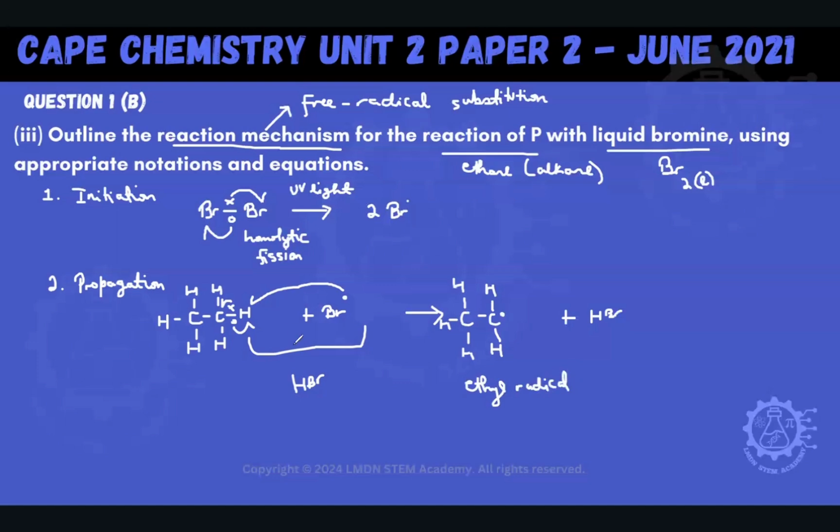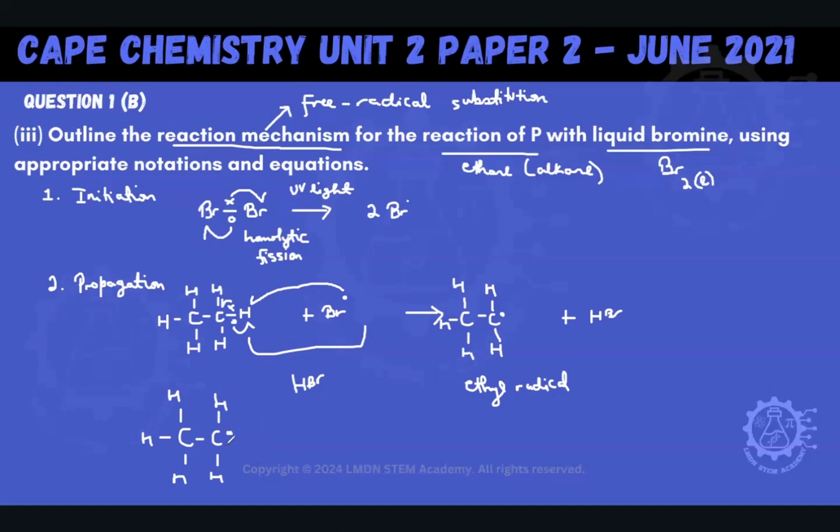All right. So now, once we have that happening and we have our ethyl radical, here's what's going to happen. The ethyl radical is going to come down here now. So let's just write the ethyl radical down here. So this is our ethyl radical.